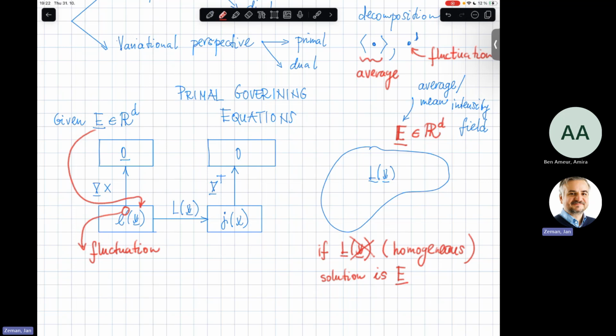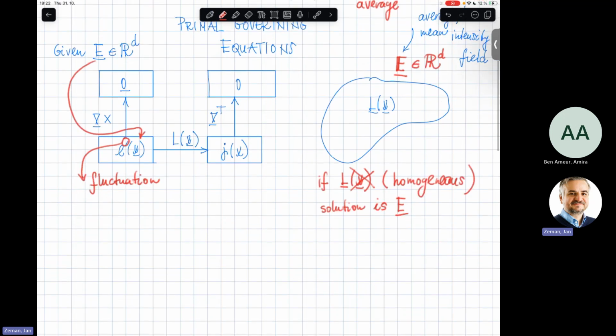So what I need to do is to start with this E fluctuating as a function of X and add the constant field on top of it.